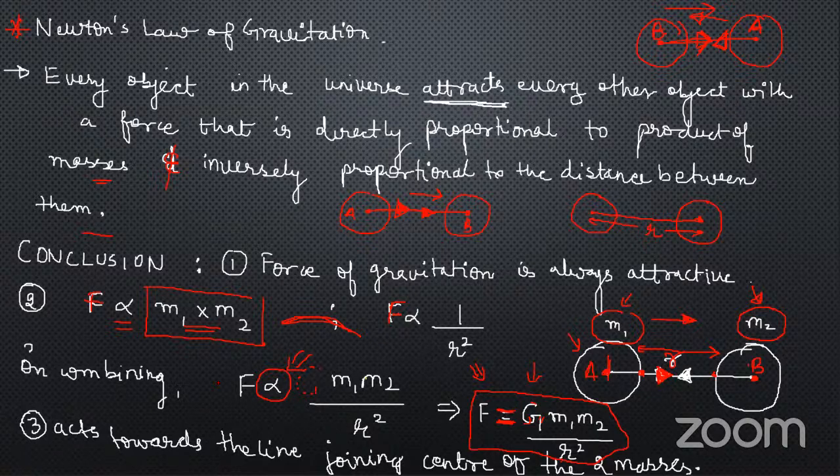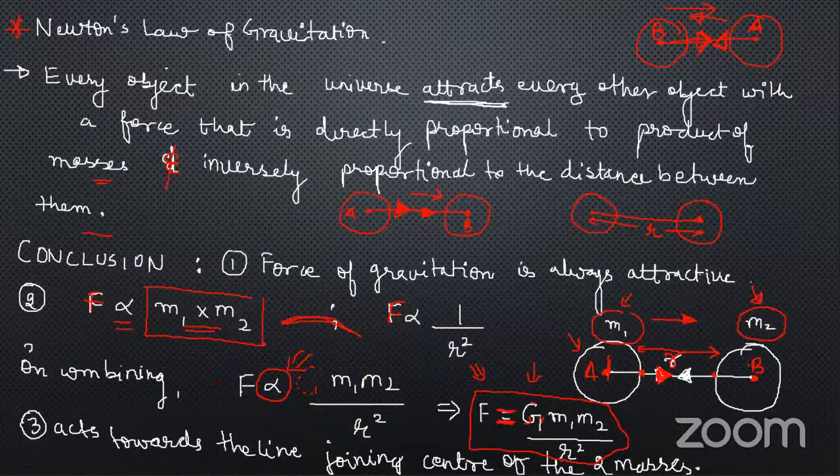Whereas gravitation force, also a non-contact force, is always attractive. This force exists because the objects possess mass. Similarly, why does electrostatic force exist? Electrostatic force exists because of the charges which the bodies possess.